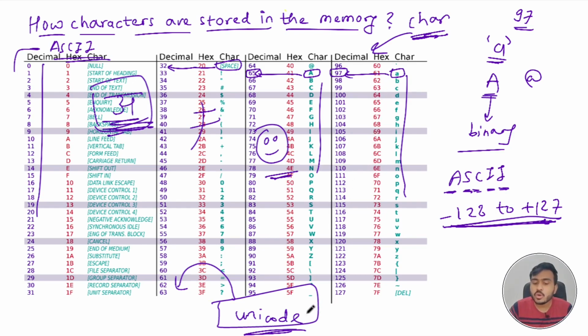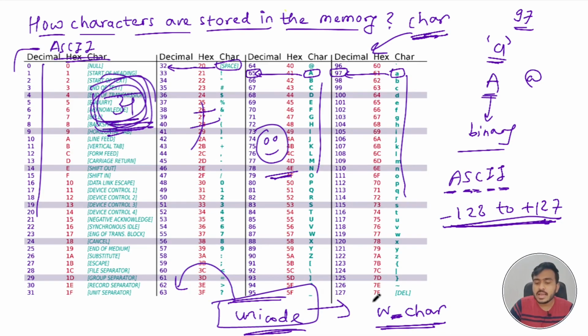If you want to go for Unicode, there is an additional data type in C++ which is called wide character, written as wchar_t. This wide character data type is responsible for dealing with Unicode, and with its help you can store values like this, this, and this.